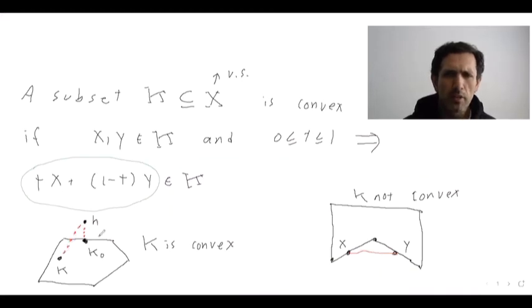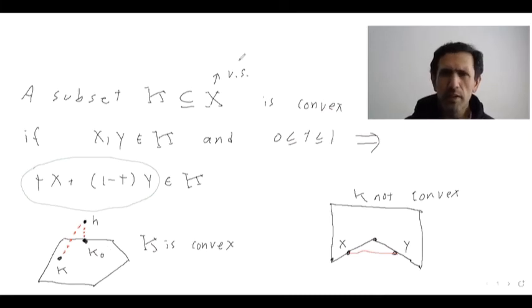Okay, so this K0 is a unique element in big K, where the distance between H and big K is given by the distance between H and this element in big K, which we call K0.